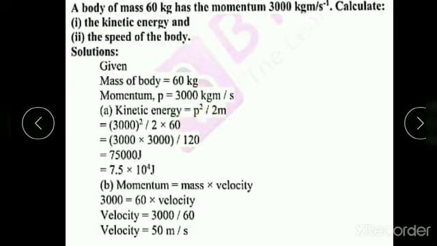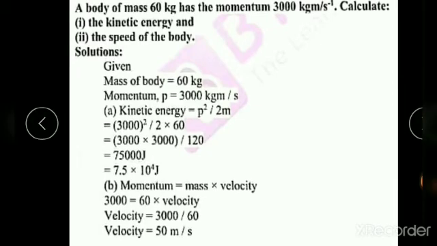Substitute here: 3000 squared divided by 2 into 60. When you simplify, you get 75,000 joules, which can be written as 7.5 into 10 to the power 4 joules.